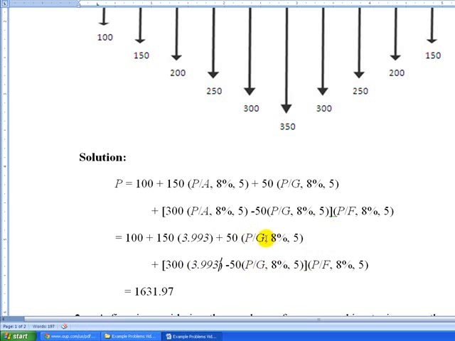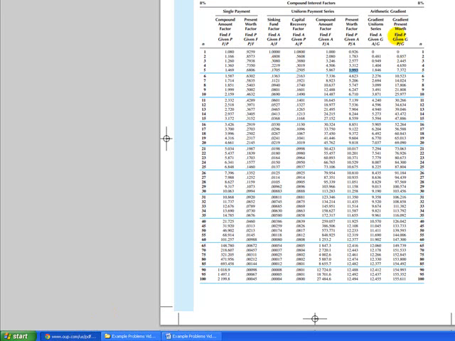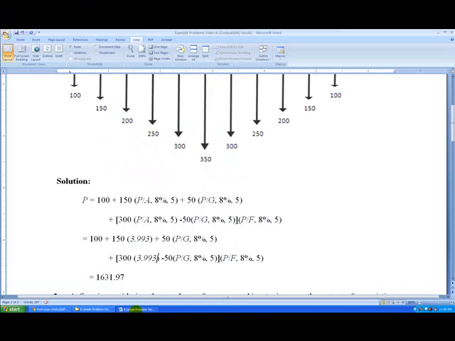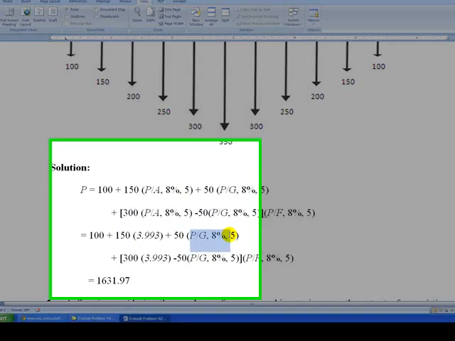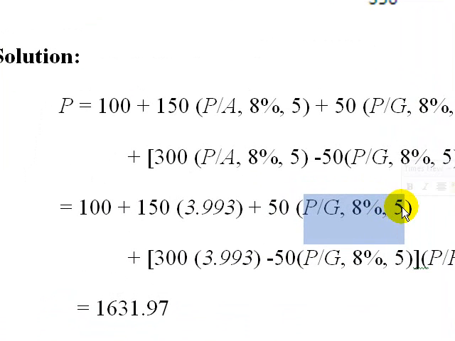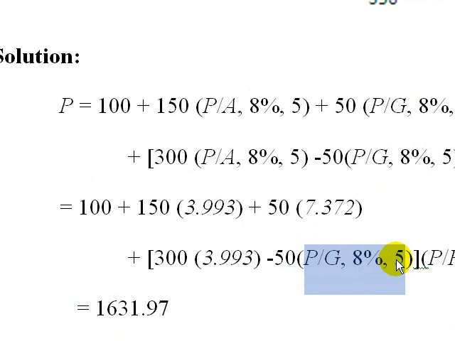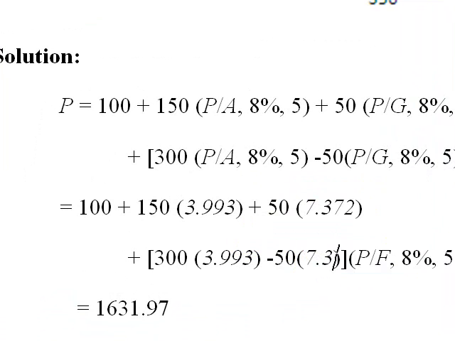Now let's see P given G, which we need. You can see here the gradient present worth column. Find P given G. P given G is 7.372.